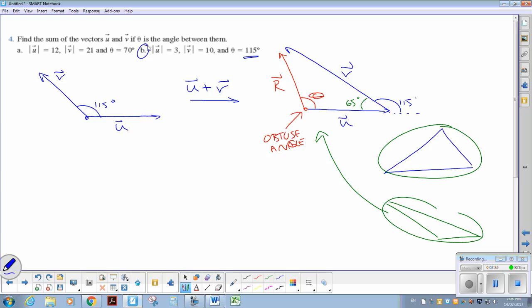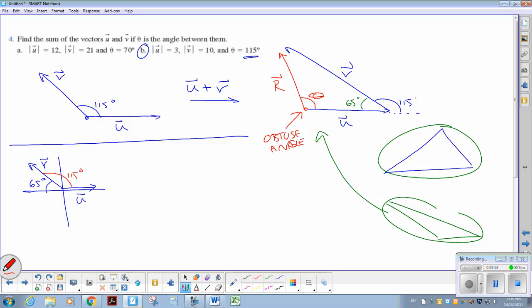So if I was to set this up, I would do it with the algebraic method. It just makes it a lot cleaner to work with. So I'd have vector u down the x-axis. Vector v is going to be over here at an angle of 65 degrees because, again, they're 115 degrees apart. I know that u will look like this.